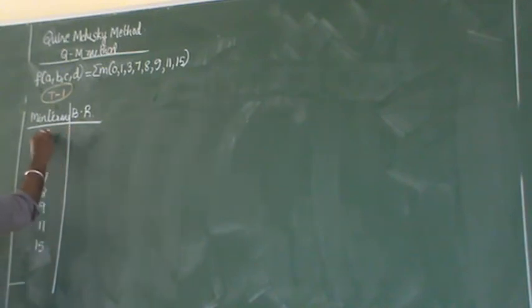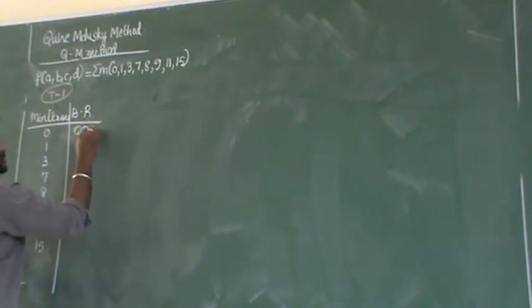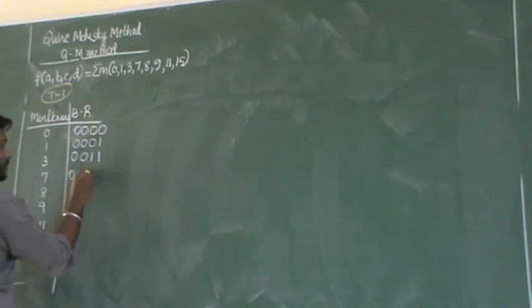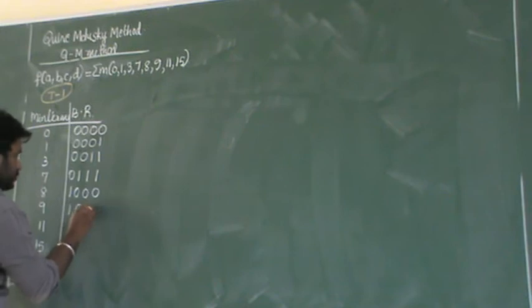So what is the binary representation for 0? It is 0, 0, 0, 0. For 1 it is 0, 0, 0, 1. Then the representations for 3, 7, 8, 9, 10, 11 and 15. 8 plus 4 is what? 12.